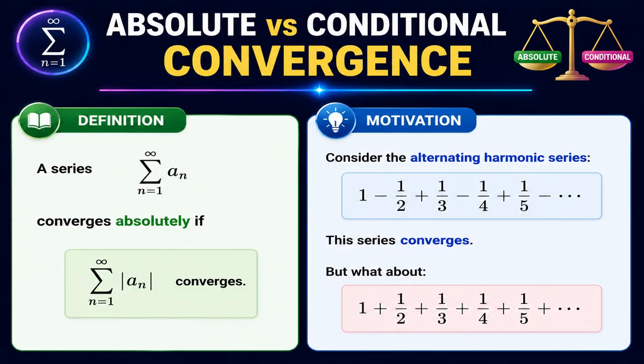A series is absolutely convergent if the series made from the absolute value also converges. In other words, we ignore all positive and negative signs and check convergence again. If the absolute value series converges, then the original series converges absolutely.